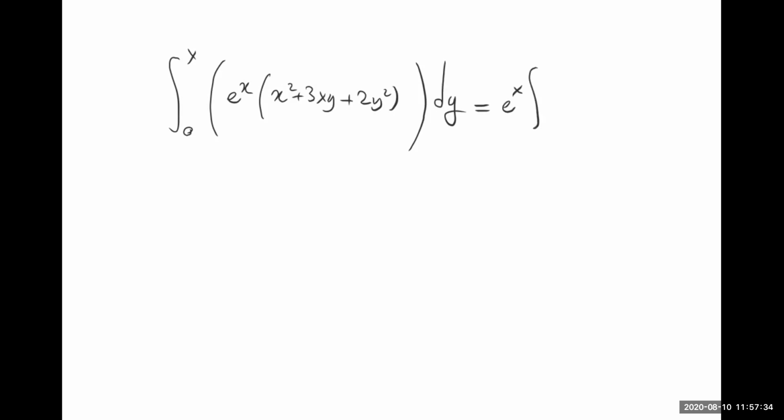Now I should take the integral of what I had with respect to y, which means the integral of e to the x. I can factor e to the x, x squared plus 3xy plus 2y squared. I should compute this integral with respect to y. Well, as you mentioned earlier, e to the x comes out of the integral. It's constant. I'm taking the integral with respect to y. x is like a constant. So I should take the integral of x squared plus 3xy plus 2y squared dy.